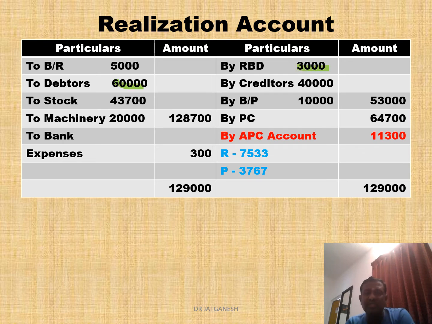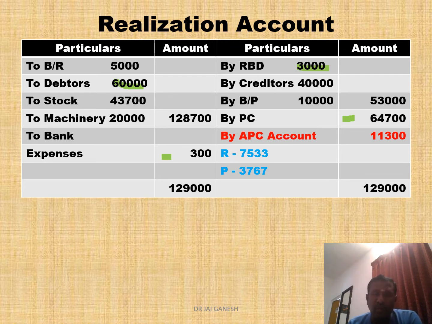This is the accounting procedure that we are supposed to follow. Then transfer liabilities, creditors and BP, to credit side from balance sheet. Then we have 64,700 as PC, purchase consideration. On the debit side we record 300 as to bank, realization expenses, debit all expenses and losses.